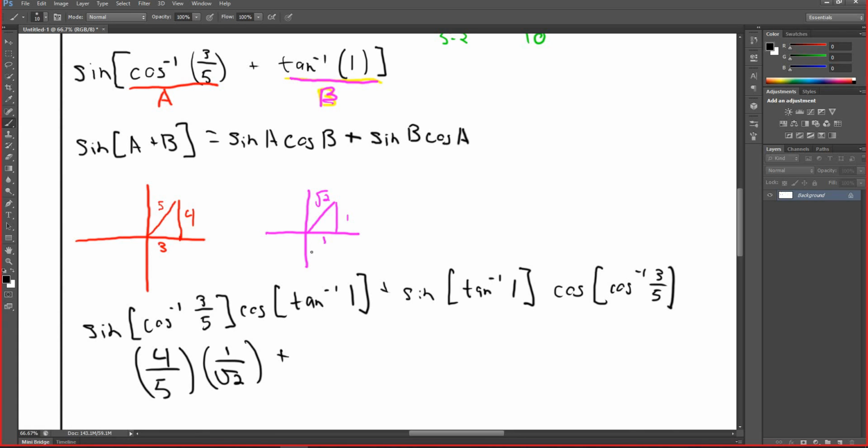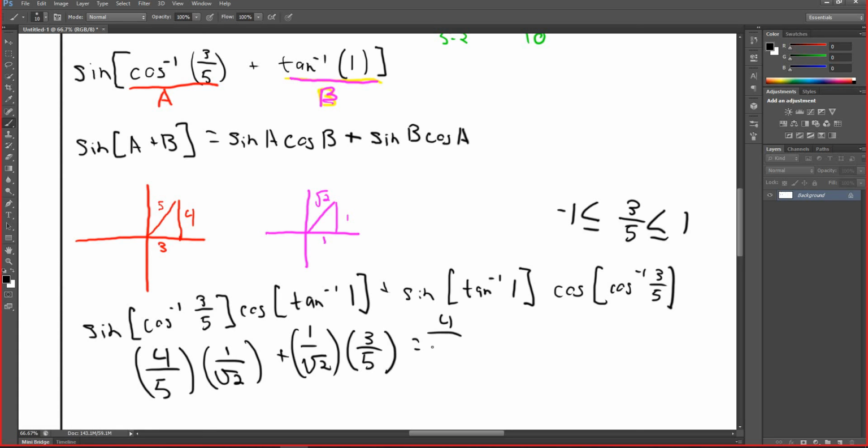Then we have the sum. Sine of tan inverse of 1 equals 1 over square root of 2. And then we don't actually need our graph for cosine of cosine inverse because we have an identity: 3/5 is between -1 and 1, so this is just 3/5. Then all we need to do is multiply through. 4 times 1 is 4, and then 5 times 2.